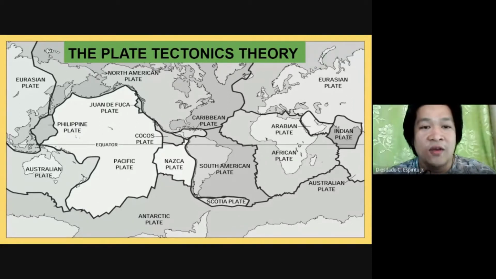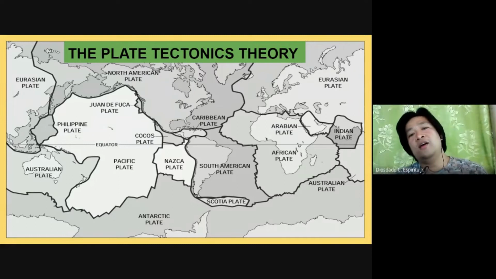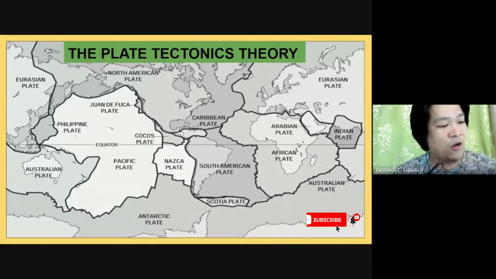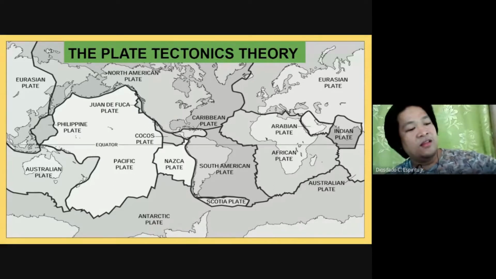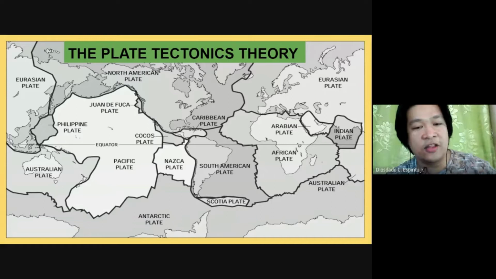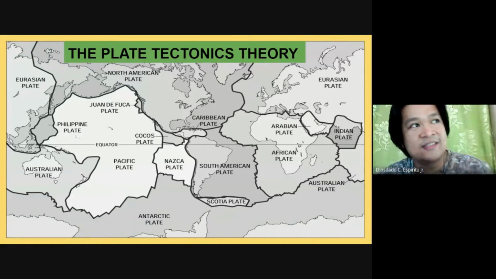Based on this theory, the Earth's lithosphere is divided into several plates. The main question now is, how did the geologists, the scientists, determine these different plates? That will be our big question.